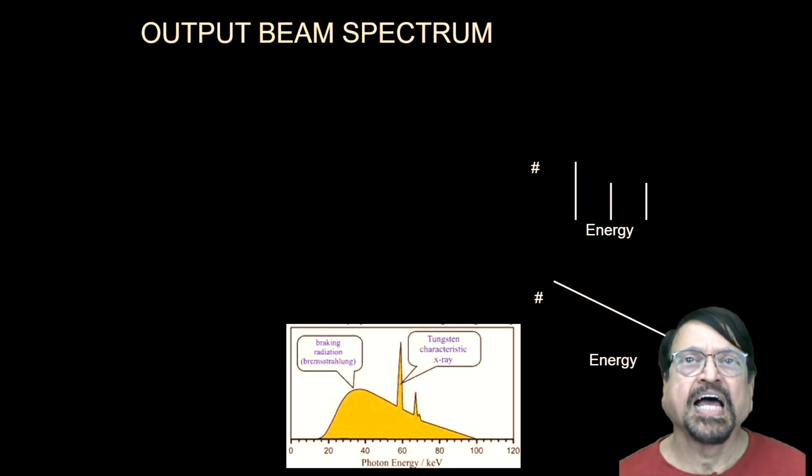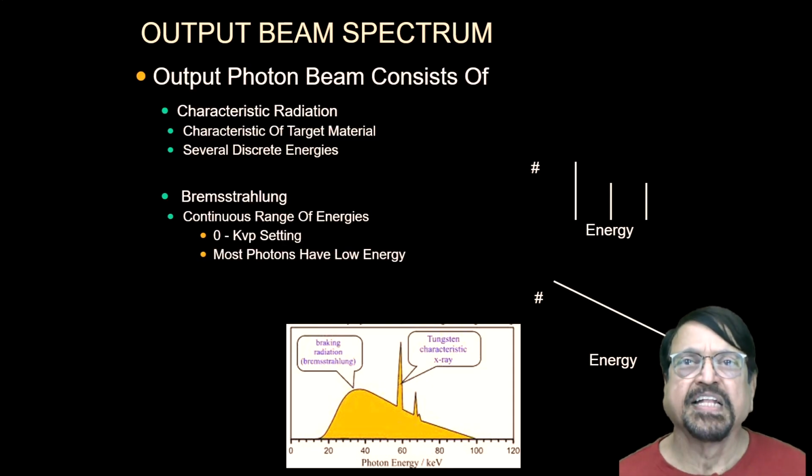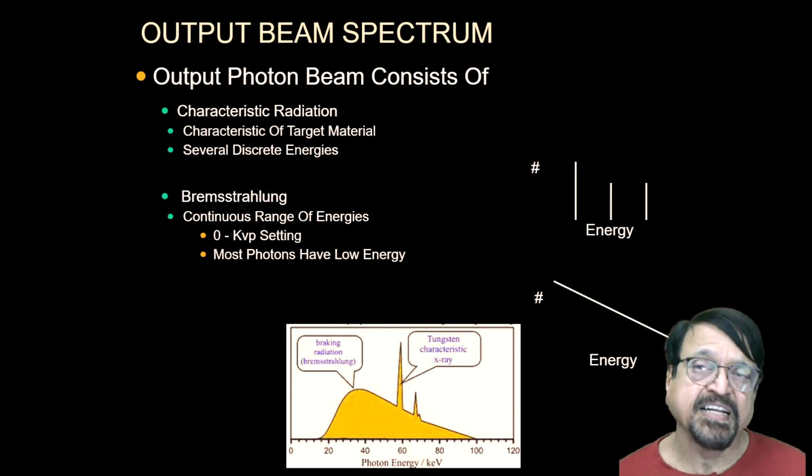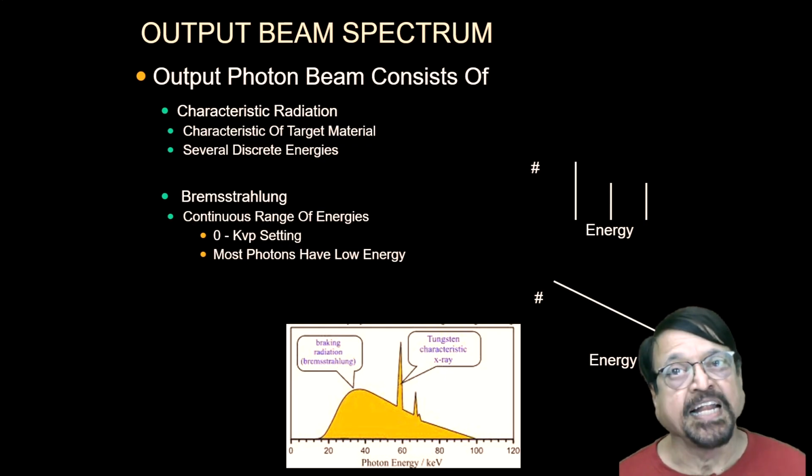Now let's come to the output beam spectrum. The output photon beam consists of characteristic radiation, which is characteristic of the target material. It will depend on the material from which the target is prepared, and there are several discrete energies, different kV, at which the photons will be released.